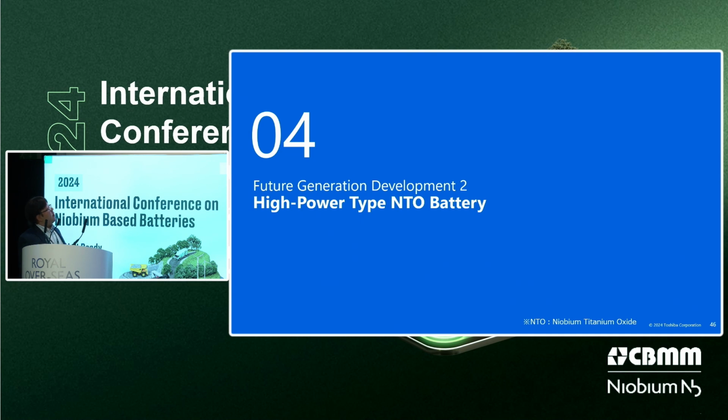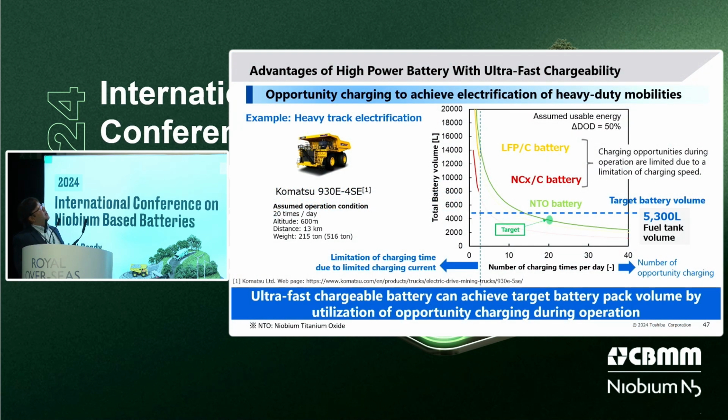So let's move on to the next topic, high power type NTO battery. In order to achieve electrification of heavy-duty mobilities, we should consider opportunity charging during operation. So the next target would be the high-power battery with ultra-fast chargeability.